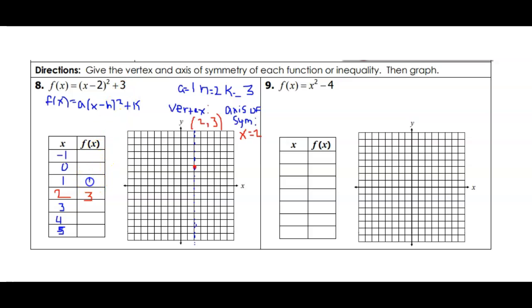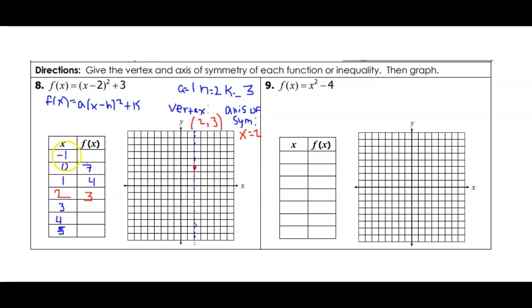So I know at 1, I'm going to be at 4. If I plug a 0 in there, I would have 0 minus 2, which is negative 2, and negative 2 squared is 4. 4 plus 3 is 7.